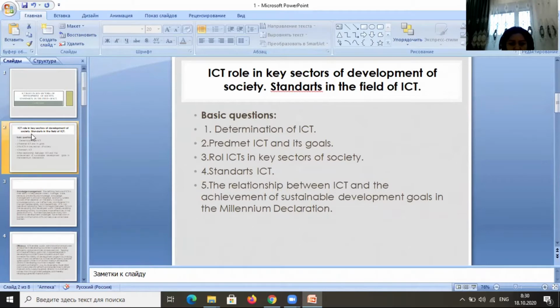Predicate ICT and its goals. 3. Role of ICT in key sectors of ICT. 4. Standards of ICT. 5. The relationship between ICT and the achievement of sustainable development goals in the Millennium Declaration.